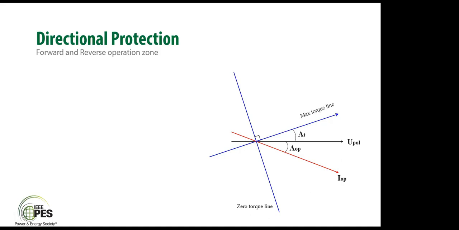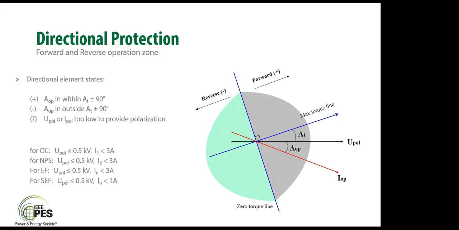Once we have the maximum torque line, then the half side of the maximum torque line will be considered as the forward operation zone. That means the forward operational elements will work in this zone, and the rest of the part will be considered as reverse operation zone. Okay, so that's the basic things of directional protection I have explained so far.